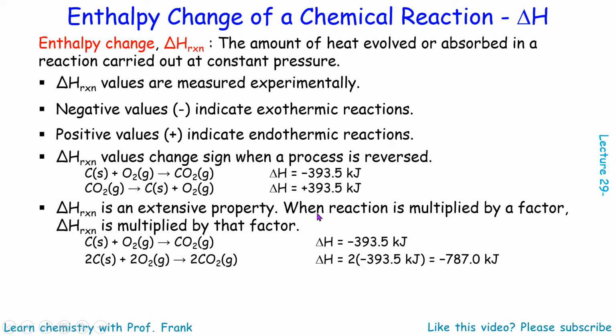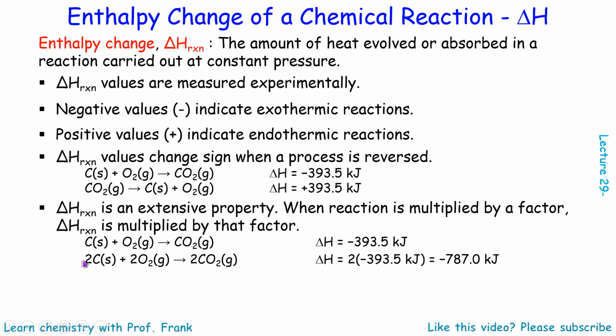What does it mean? It means when a reaction is multiplied by a factor, then you have to do the same for the delta H of reaction. For example, for the same reaction we talked about above, the delta H value is negative 393.5 kilojoules.